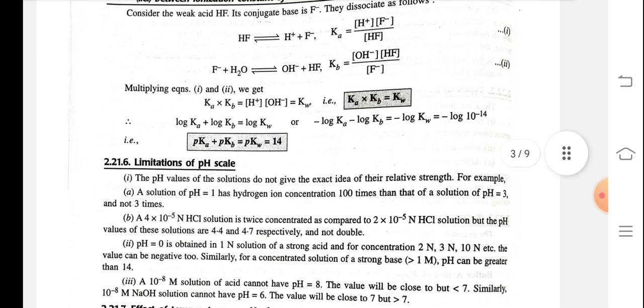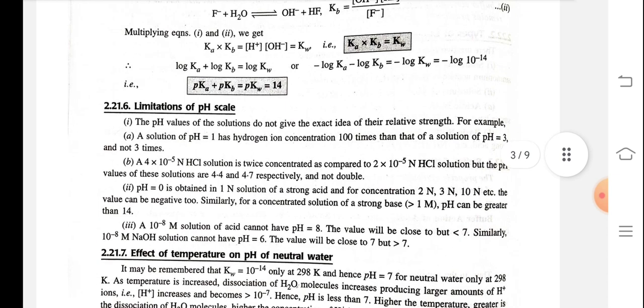Limitations of the pH scale. The pH value of a solution does not give the exact idea of relative strength. For example, a solution of pH equal to 1 has a hydrogen ion concentration 100 times that of a solution of pH equal to 3, and not 3 times.